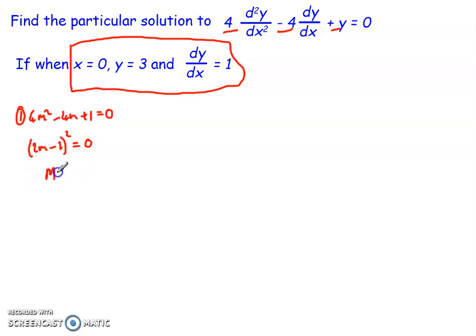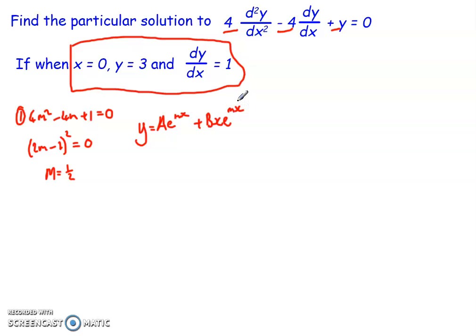So m equals a half. I'll only get one solution where m equals a half, and that means I've only got one root to my equation, so I have to take into account the fact that I'm going to have y equals a e to the mx plus bx e to the mx.